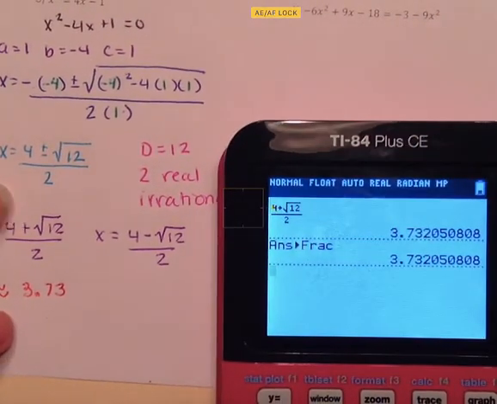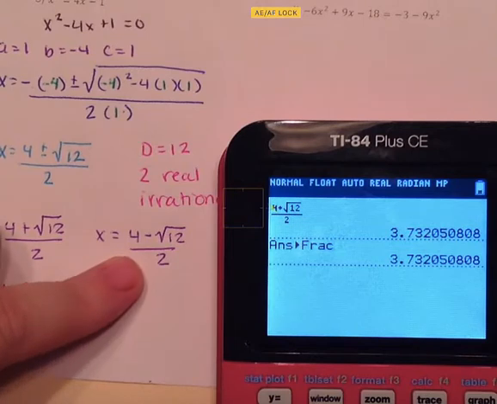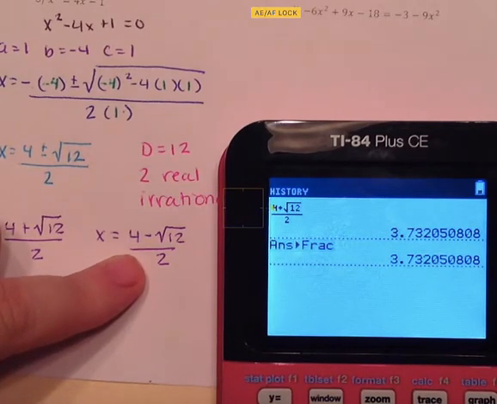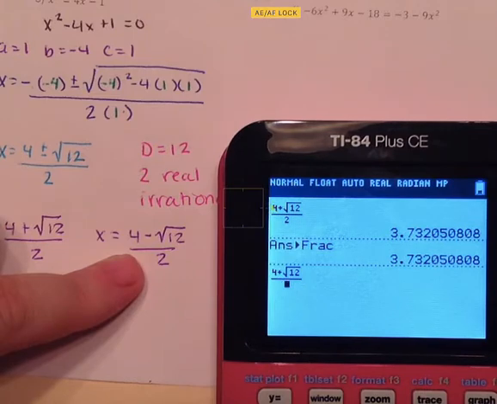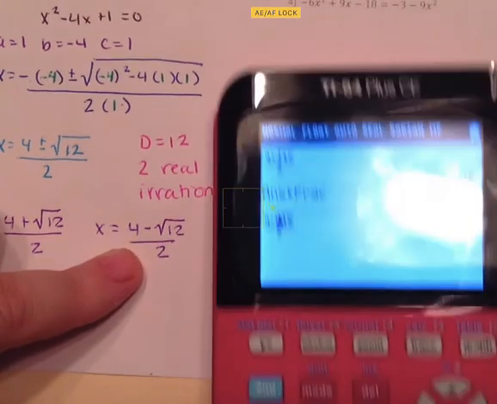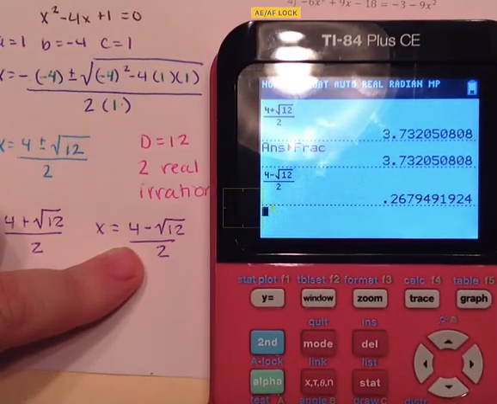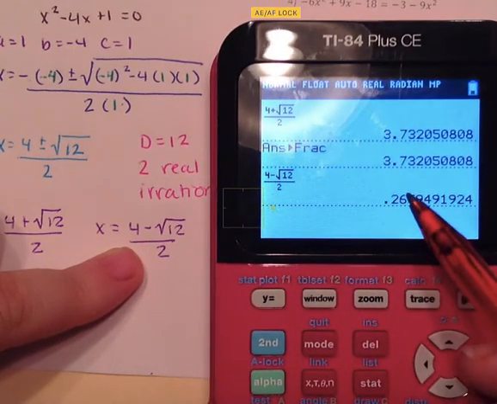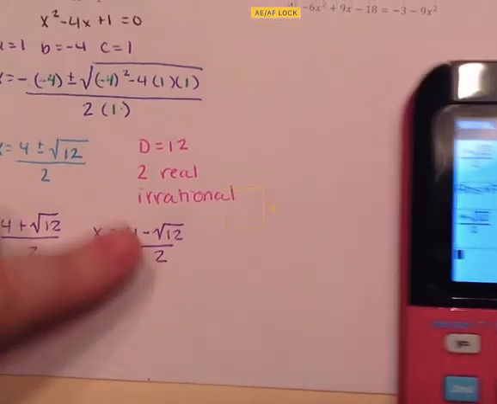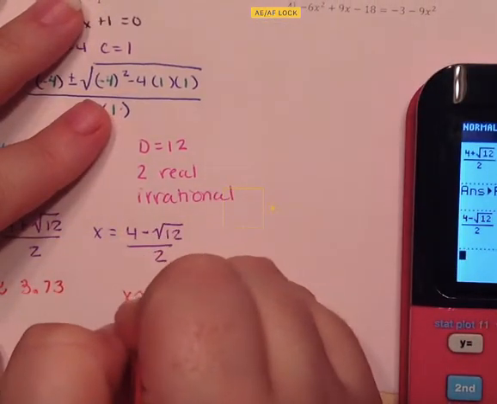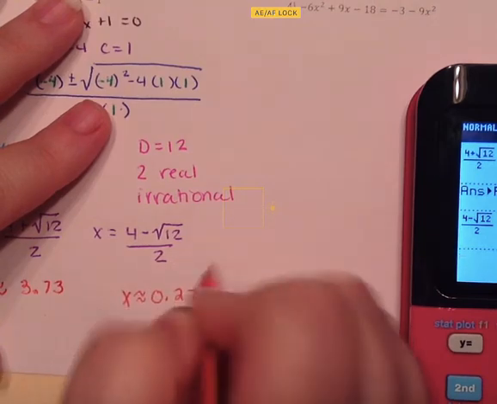And the second one, now with the newer calculators, you can press up until you get to that equation that I had earlier. That I'm going to press enter. But instead of saying plus, I'm going to go over to the left until I get to that plus. I'm going to change it to a minus. I'll just press enter, and now I get 0.27 hundredths, so x is approximately 0 and 27 hundredths.